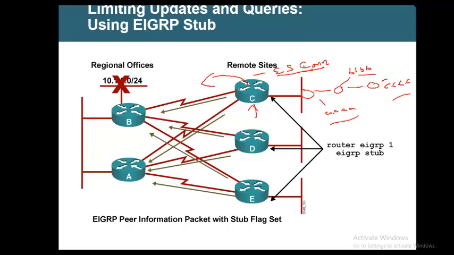Because you said stub connected, C will say, I got only these three networks on this interface. Only for these three networks I am responsible. For the rest, do not come to me. So even though C can reach AAA, BBB, and CCC, even though the routes are available in router C's routing table, C will not advertise them to B.